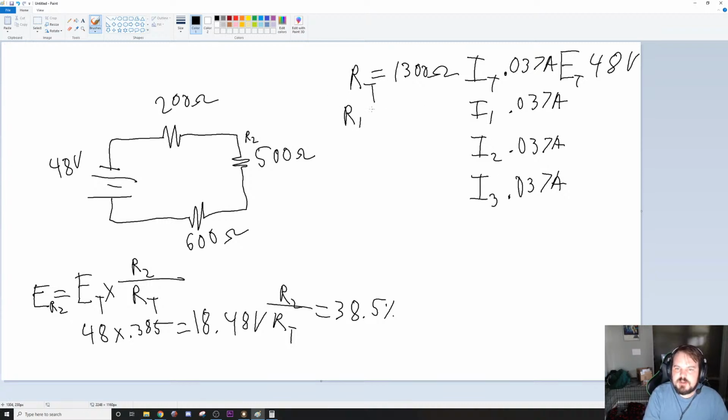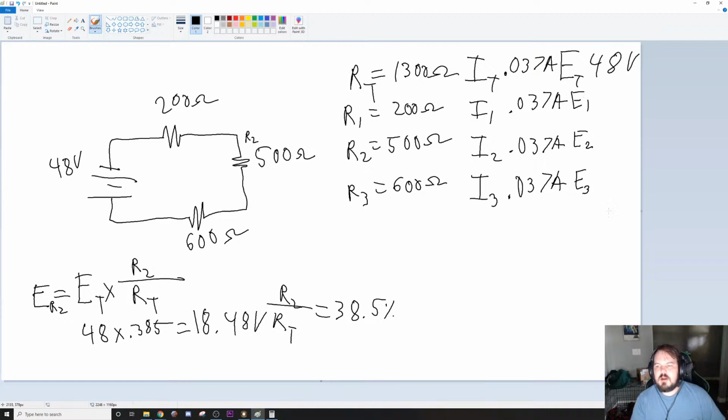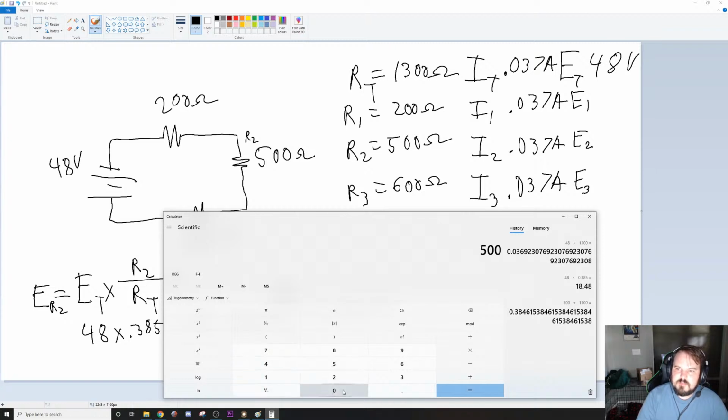Everything has the same amperage, 0.037. All right, so now that we've got all that, all we have to do is 500 times 0.037.